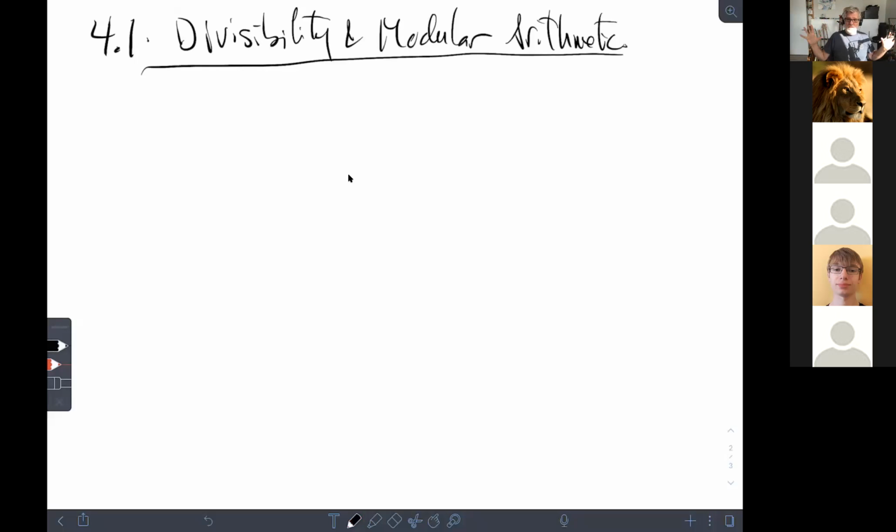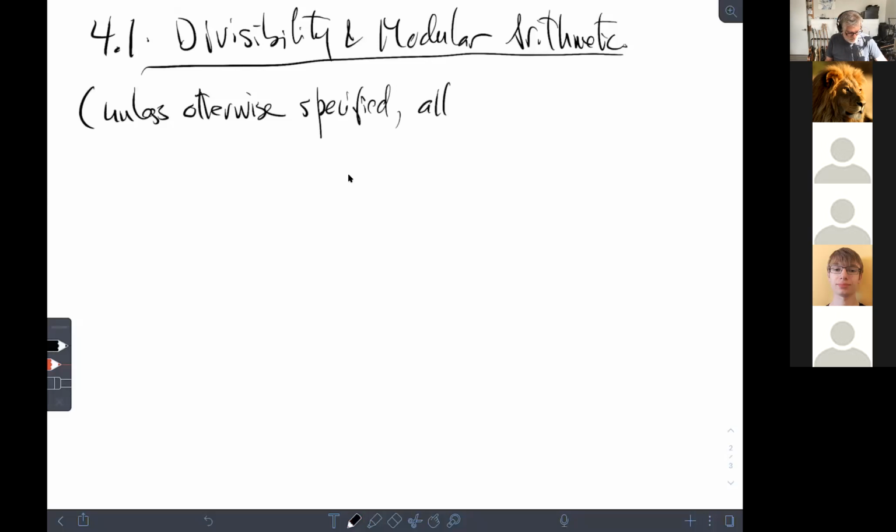We are living in the world of integers. Sometimes I'll mention fractions, rationals, but unless otherwise specified, all numbers involved are integers.